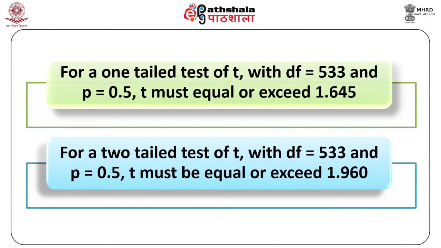For a one-tailed test of t with degrees of freedom equals to 533 and p equals to 0.5, t must equal or exceed 1.645. For a two-tailed test of t with degrees of freedom equals to 533 and p equals to 0.5, t must equal or exceed 1.960.